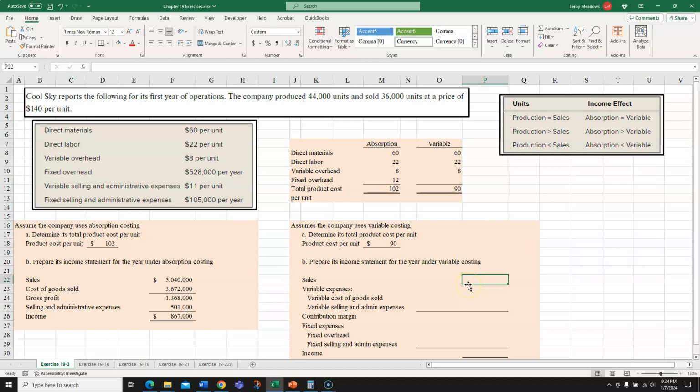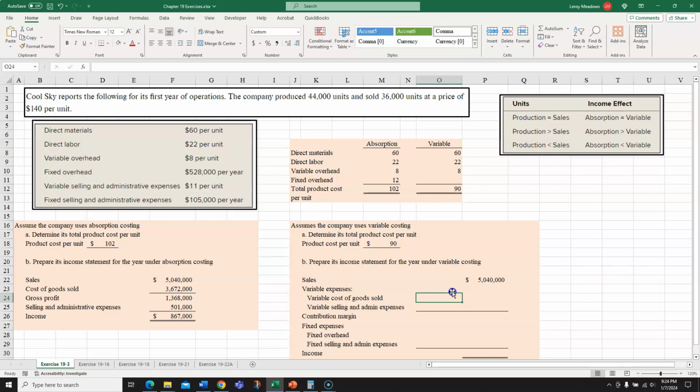Now let's go ahead and do our income statement under variable costing. My sales: I sold 36,000 units at $140 per unit, so my sales were $5,040,000. Now we're going to look at our variable expenses.